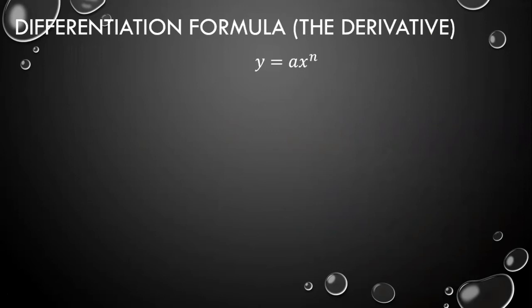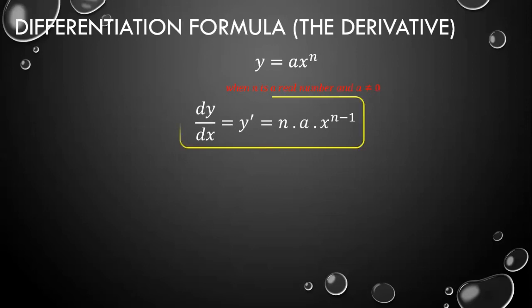Again, y equals a times x to the power of n, when n is a real number and a is not 0. dy over dx equals y prime equals n times a times x to the power n minus 1. That's the derivative of the differentiation formula.